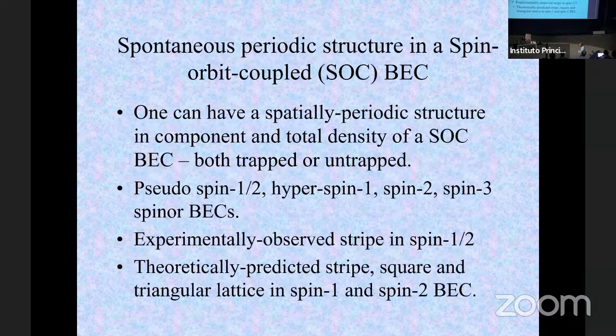So let us talk about a little bit different problem: spontaneous periodic structure in spin-orbit coupled (SOC) BEC. One can have a spatial periodic structure in component and total density of a spin-orbit coupled BEC, both trapped and untrapped. Pseudo spin-half, hyperspin 1, hyperspin 2, hyperspin 3 spinor BECs have been used.